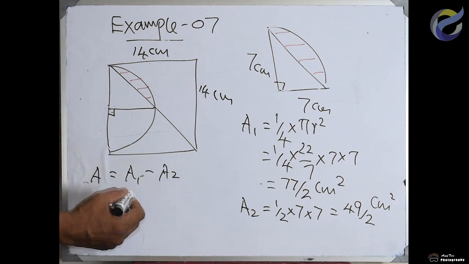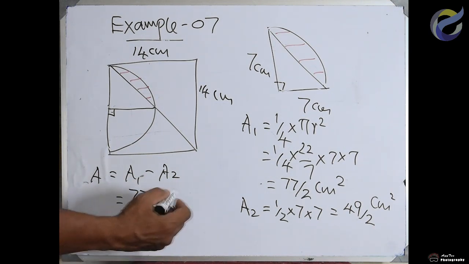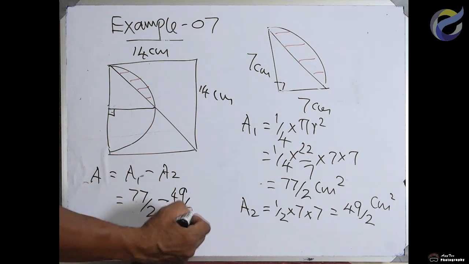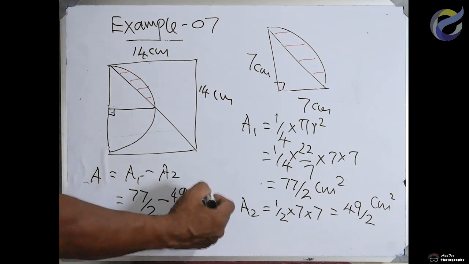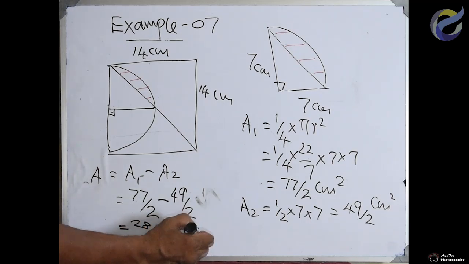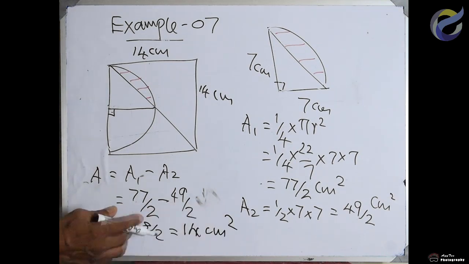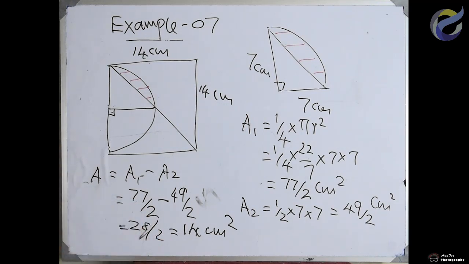This is equals, the quarter circle becomes 77 upon 2 minus 49 upon 2. So we are getting the final answer 28 upon 2, that is equals 14 centimeter square.